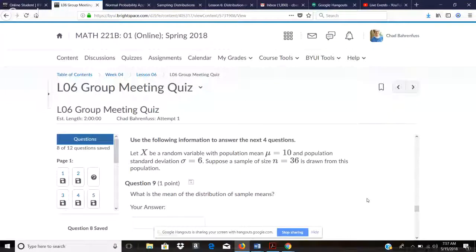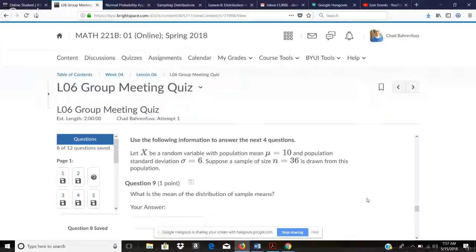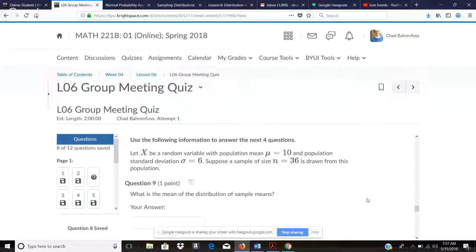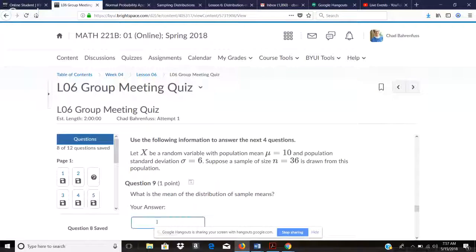The rule is that the mean of the distribution of sample means is always equal to the population mean, which is that little mu sign. So there is no calculation there. You just take that number and put it there, right?